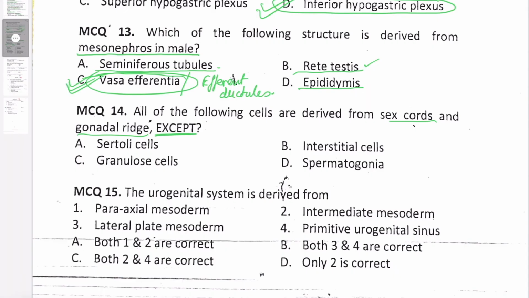Remember that. So Sertoli cells are derived from the sex cords, interstitial cells are derived from the mesenchymal cells which migrate between the sex cords, and even the granulosa cells are formed by the sex cords. Finally, it's the spermatogonia. Remember, these are the migratory cells derived along the primitive yolk sac, that is the secondary yolk sac. Question number 15.